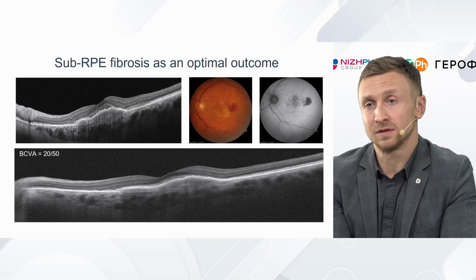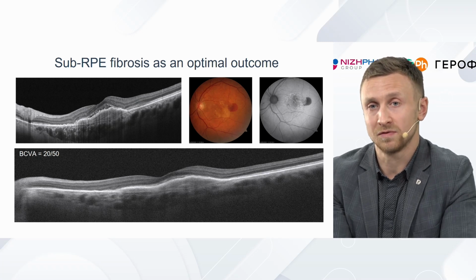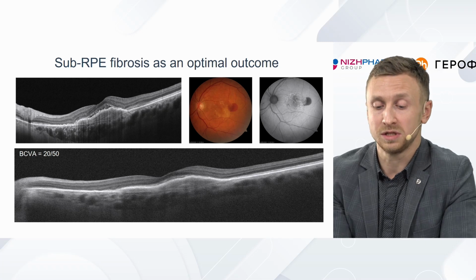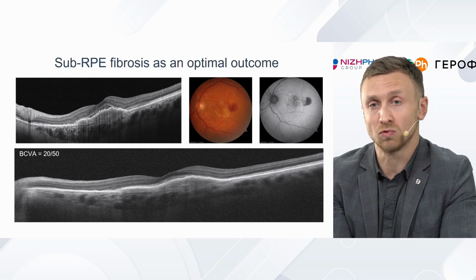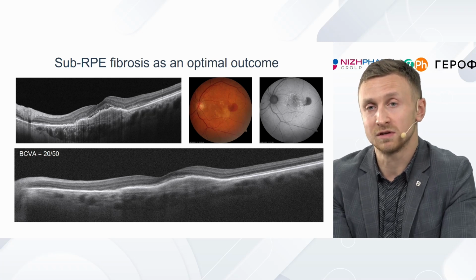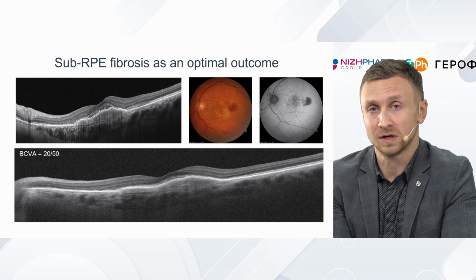That's a negative outcome. But if we look at another option of fibrosis, which is sub-RPE fibrosis, that could be quite an optimal outcome. We can see some positive side of the story, because here it is represented by mature vessels, which are created based on adequate anti-angiogenic treatment.